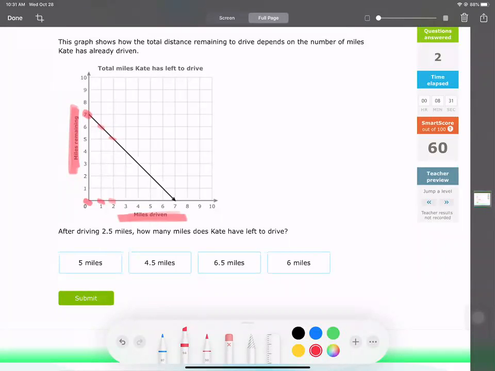So after 2.5 miles, I should have about 4.5 miles left, right? And that's all based on the chart. And the cool thing about the graph, you don't do any math. The math is already all done here, which is the great thing about charts. It breaks down values so that you don't have to overthink.